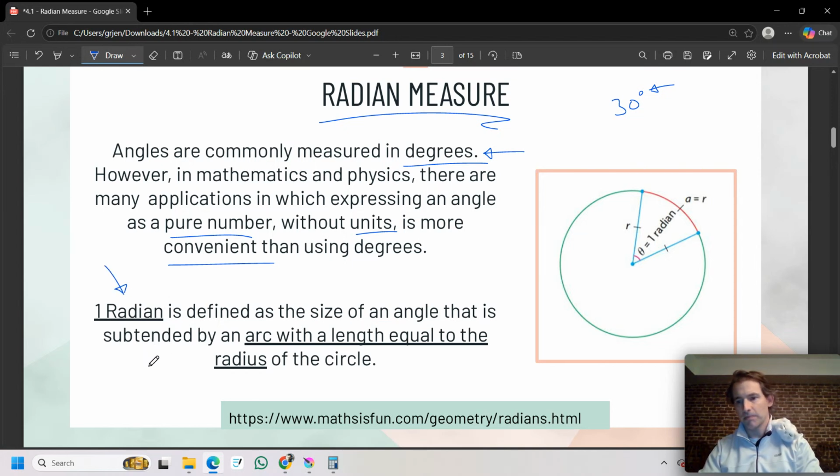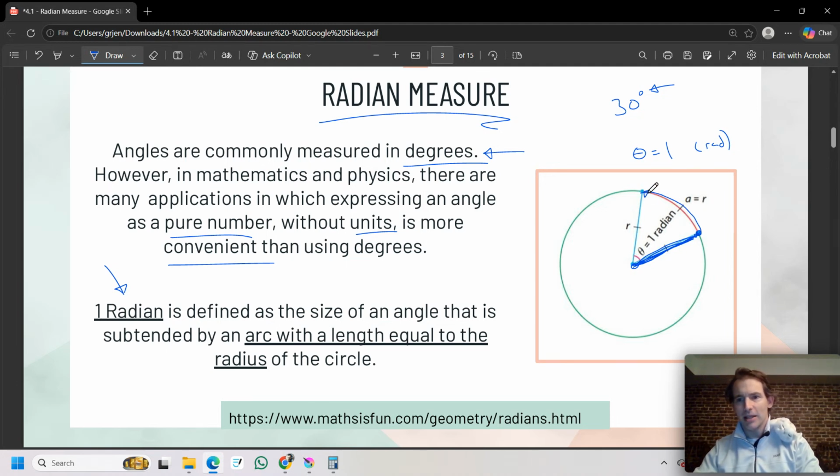All right, so 1 radian. What does that mean? If I say that this angle equals 1 in radians, well, what it means is if this radius were 1 long, like let's say that's the 1 hour distance that it takes an ant to walk from here all the way to here, then that same ant, were it to walk from there around to here, would also take 1 hour.